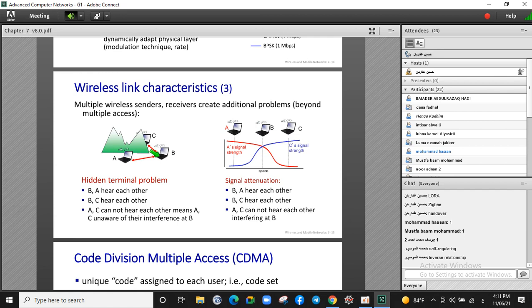A and C cannot see each other, so they would send information simultaneously, and B will receive the summation of those signals.